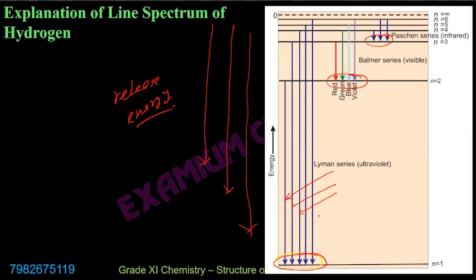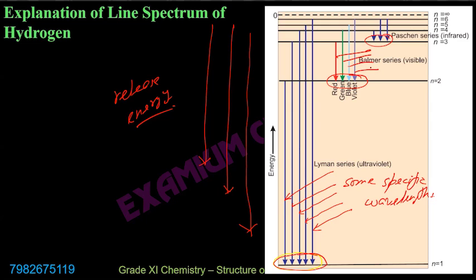Each transition means movement of an electron from one orbit to another orbit. These will have specific wavelengths related to their energy. Similarly here, 1, 2, 3, 4, these will have specific wavelengths.